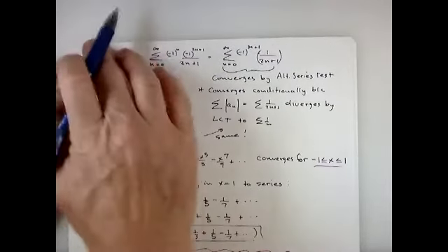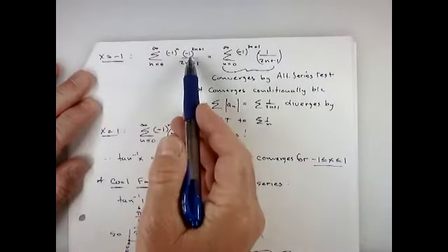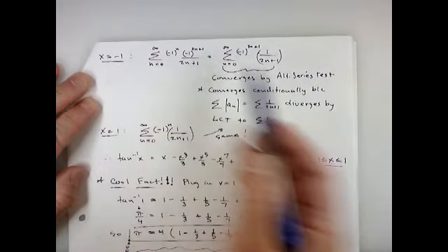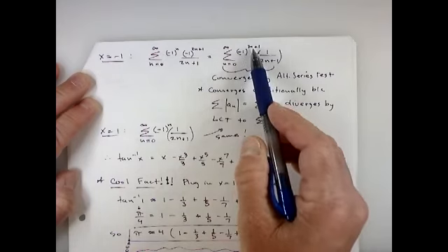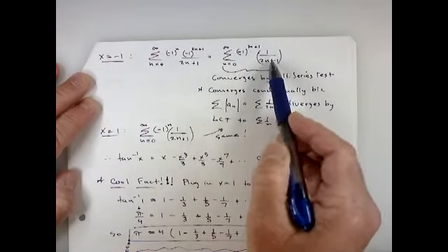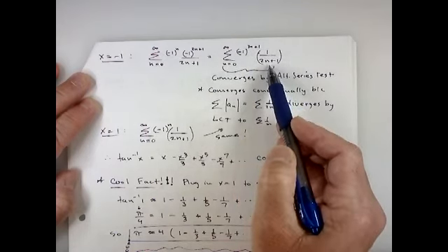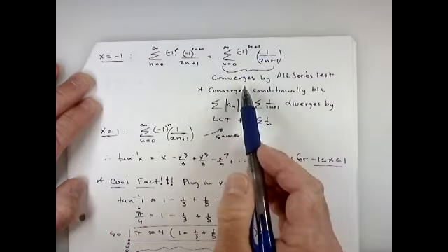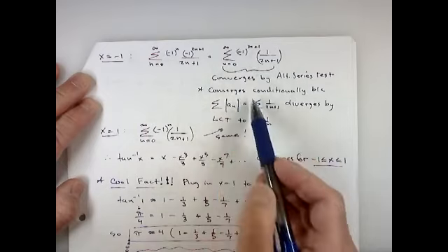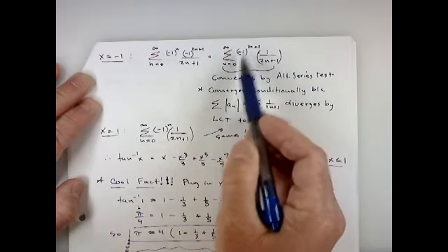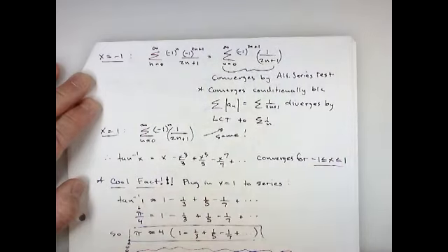Okay, so when x is -1, if you substitute that in for x, you can add these exponents. You get negative 1 to the 3n plus 1 times 1 over 2n plus 1. And you can show that this actually is an alternating series. If you plug in 0, 1, 2, you'll see that it's behaving the same way as an alternating series.